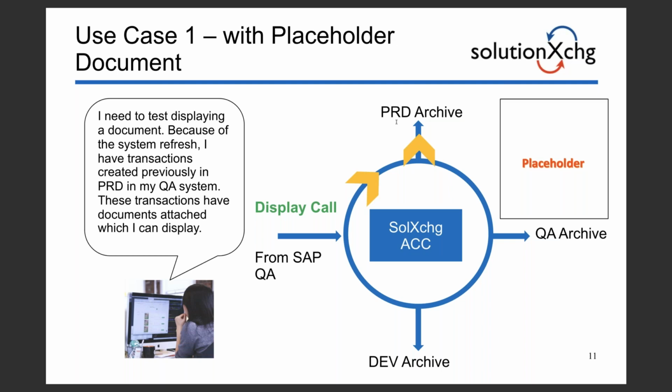But instead of pulling the original document from the production archive, a placeholder template document is served up, which tells the user, yes, there is a document, I found it, it's valid, but I'm not serving it up for privacy reasons. And that could be for certain archives or certain document types, specifically around HR or any other scenarios. And if you have interesting other scenarios that we haven't thought about for this particular use case, we're more than happy to listen to your requests and build the additional functionality as needed.